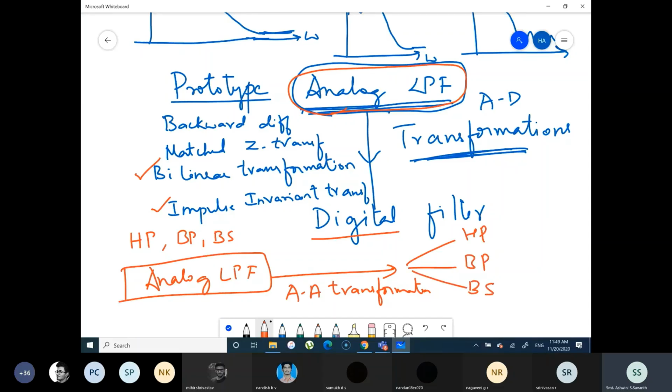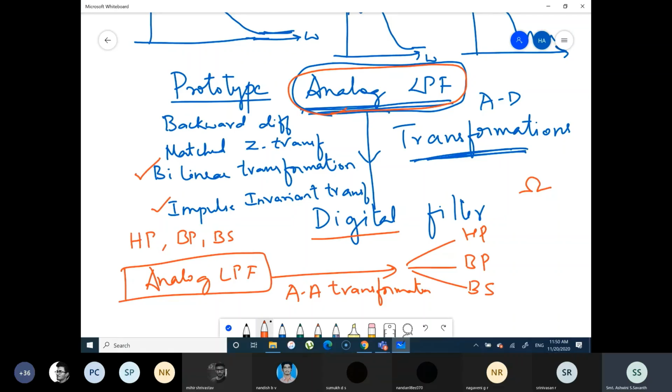What are these transformations? They are just ways and means of substituting for the angular frequency omega so that you convert it to the corresponding other filters. That's all. These transformations have been derived beforehand, and they help us convert one filter to the other.